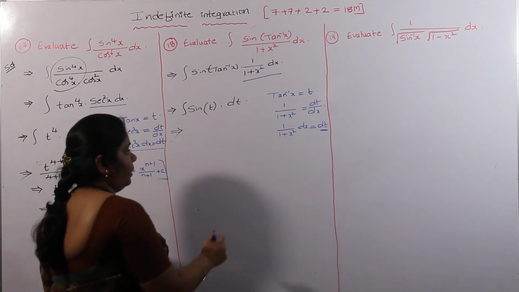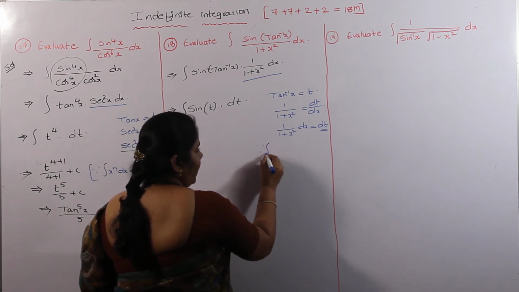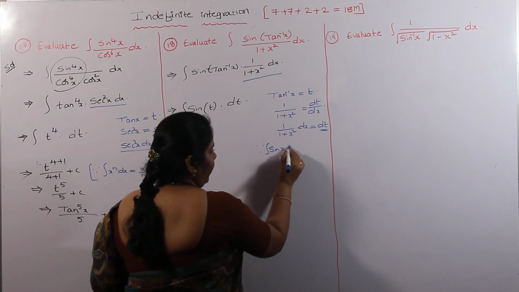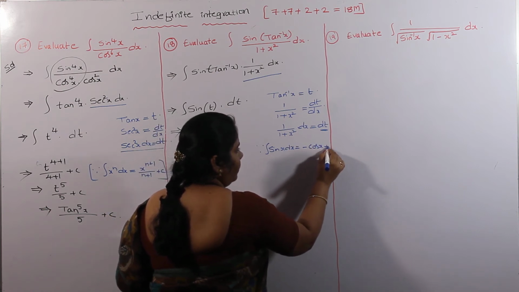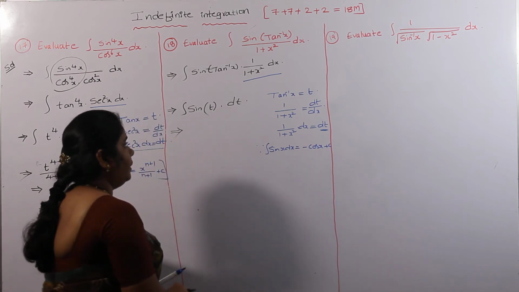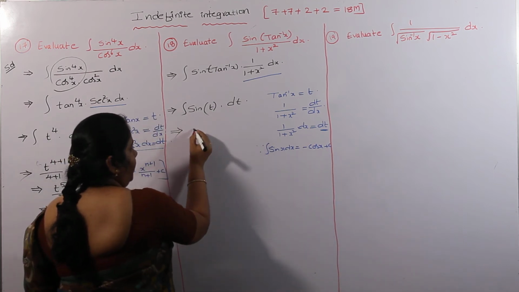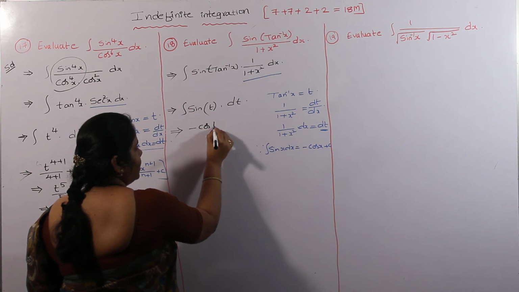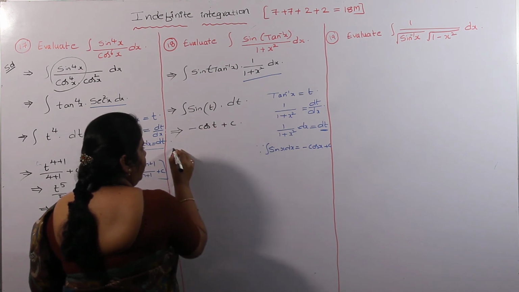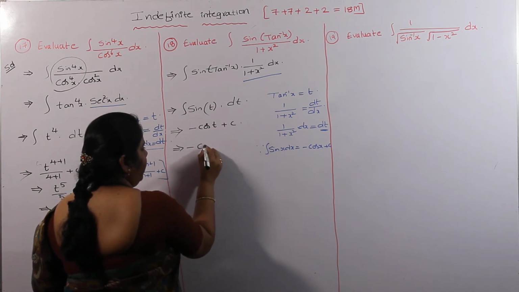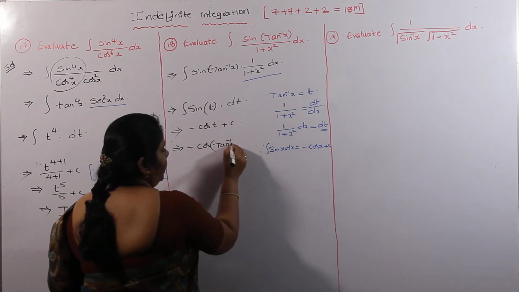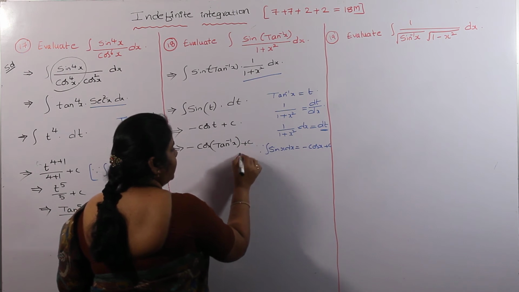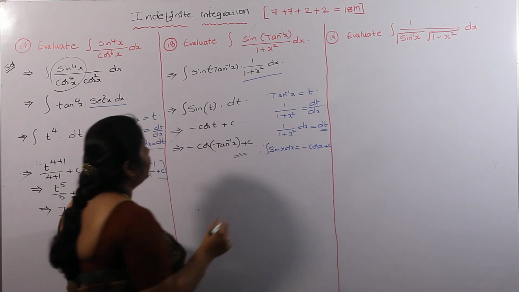We have the formula in integration: the integral of sin x dx is minus cos x plus c. Substituting, the integral of sin t dt is minus cos t plus c. But t is equal to tan inverse x, so the answer is minus cos of tan inverse x plus c. This is the answer for this problem.